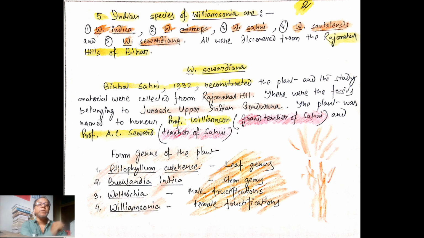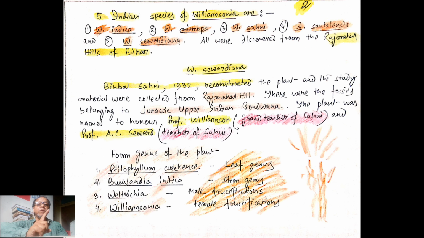The different parts of the plant, that is the stem, leaf, male fructification and female fructification, were fossilized separately and in separate places. These were collected and studied morphologically, anatomically and cytologically, and after these critical studies it was opined that they were from the same plant. Hence Birbal Sahni in the year 1932 reconstructed the plant. These were fossils belonging to the Upper Jurassic of the Indian Gondwana.